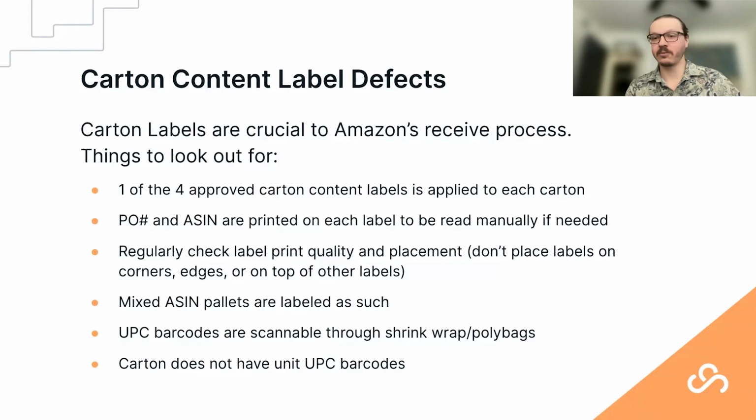Amazon will think that they received an each of something, even if it's just a case. A UPC is not a carton label, so that's another thing to keep in mind. It's just going to cause confusion if there are multiple barcodes that Amazon's trying to scan in that receive process. So again, a common defect is a carton that has UPC barcodes. It's something that we want to try and avoid.